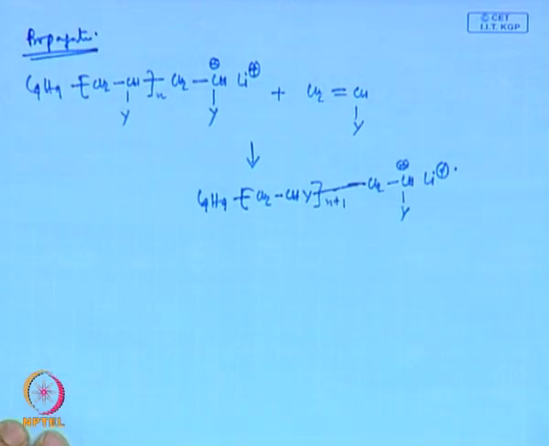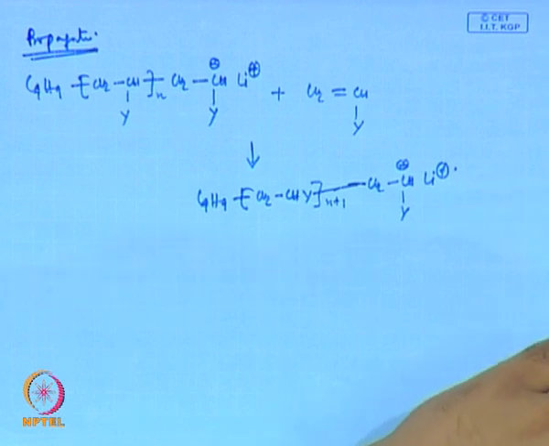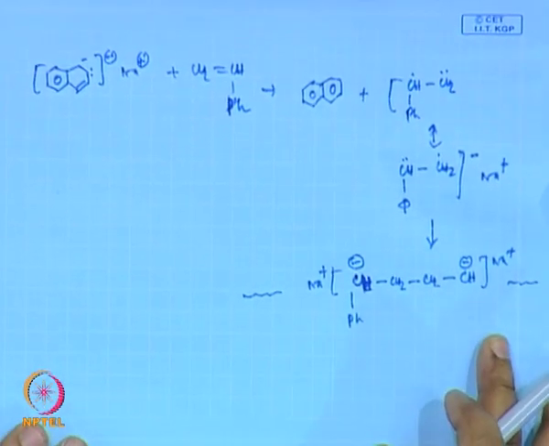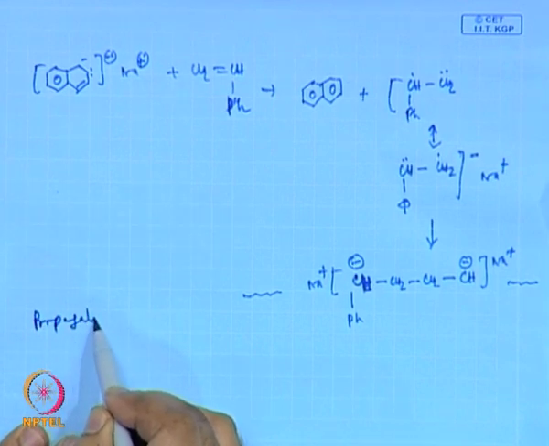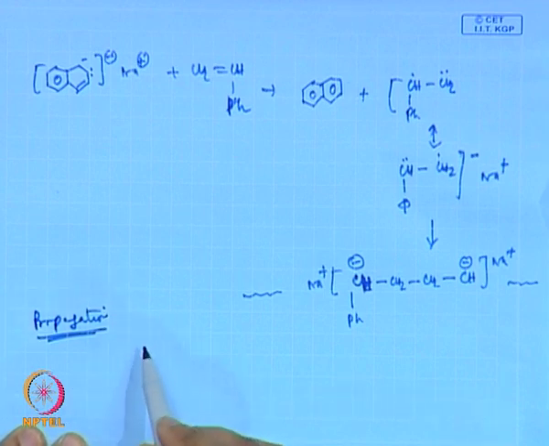And if you talk about the propagation reaction of this species, then you can write the propagation reaction, this plus monomer.